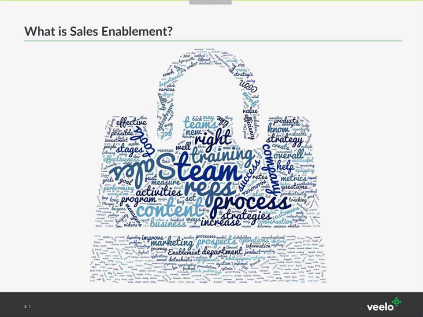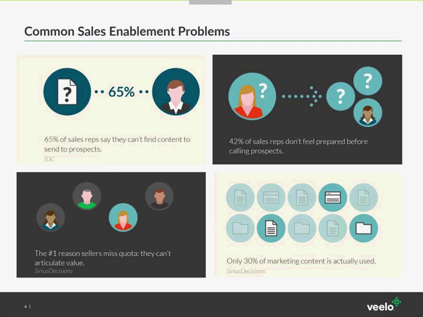I was pleasantly surprised with the outcome because, as you can see there, some of the larger words such as sales, team, process, content, training, are all things that you would expect from a sales enablement group. We'll come back to this in a little bit, though, because there were a couple of words in there that threw up some warning signs, but we'll hold that for a second.